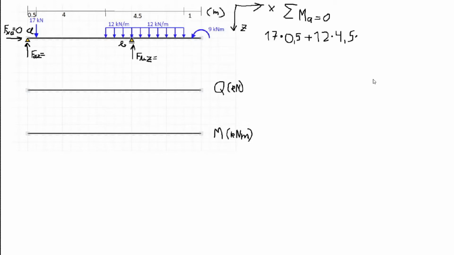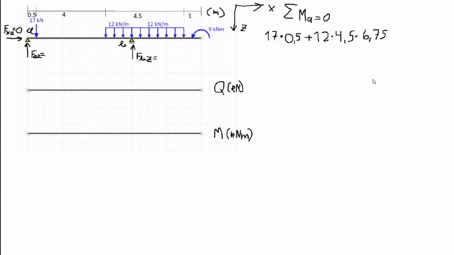This will give us a concentrated load, and we know that this concentrated load will be at the middle of the distributed load. So the moment arm that this distributed load has is 0.5 plus 4 plus 4.5 divided by 2, and that all equals up to 6.75 meters.